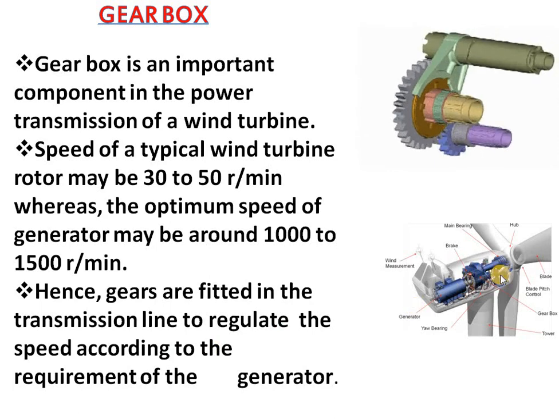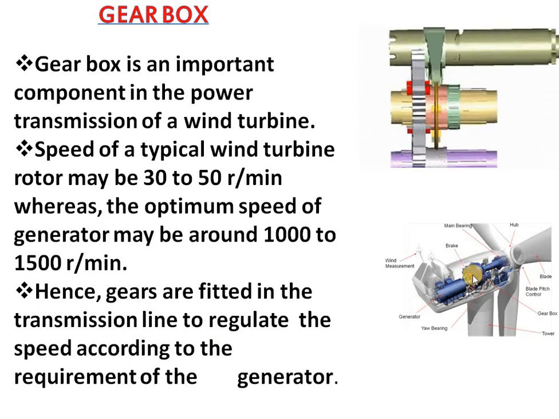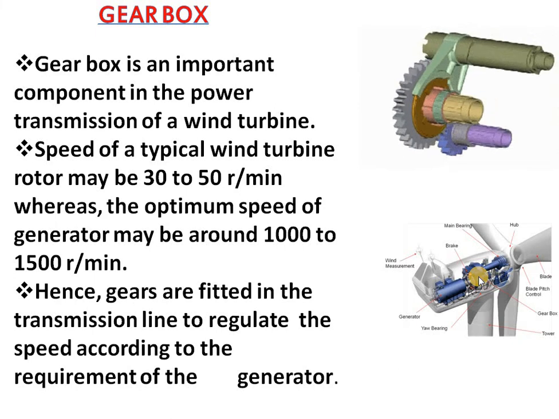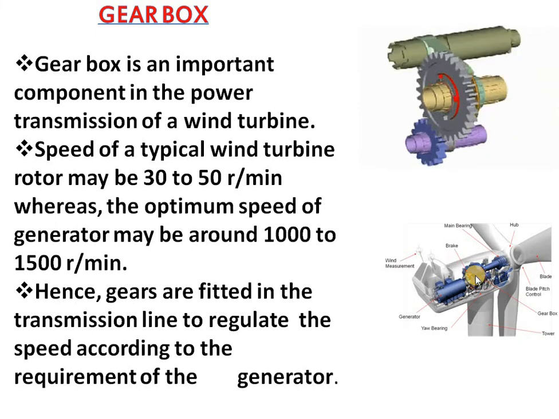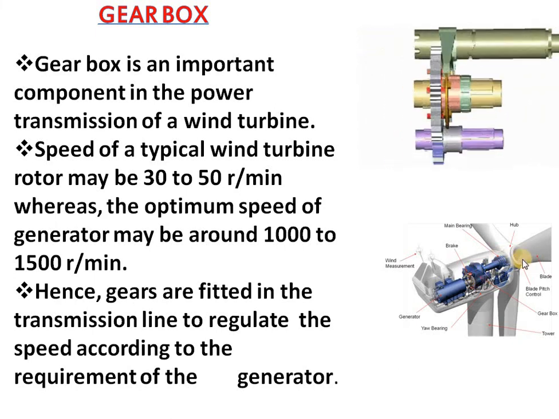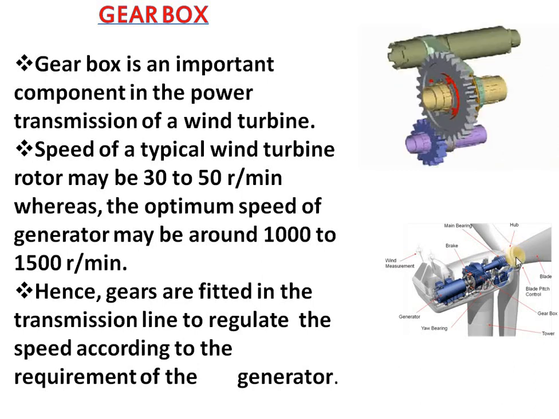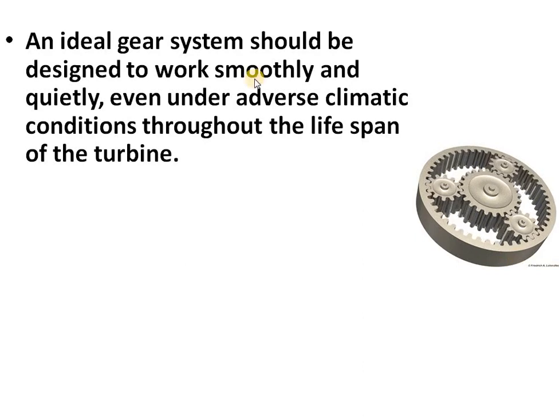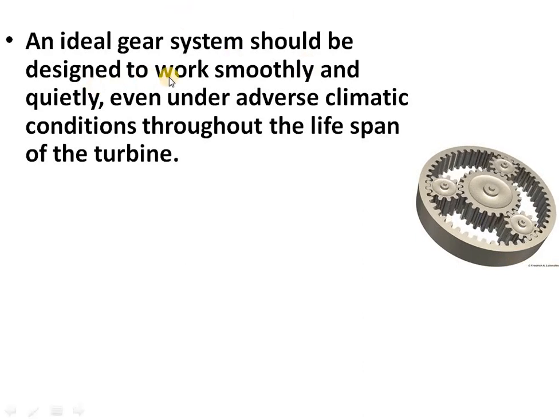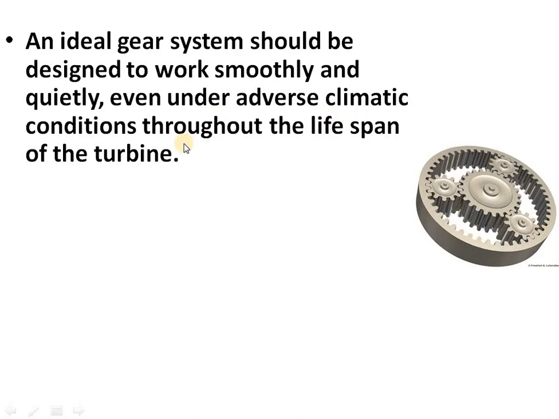It is shown here. You can see the gearbox is fitted here. Automatically, the gearbox controls the speed and increases the rotation speed. Settings are given accordingly. An ideal gear system should be designed to work smoothly and quietly even under adverse climatic conditions throughout the lifespan of the turbine.